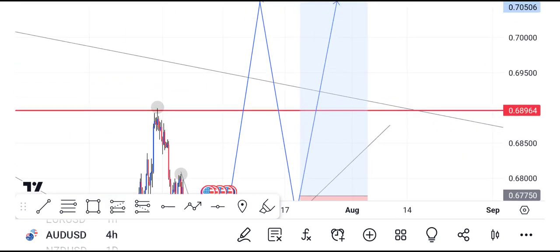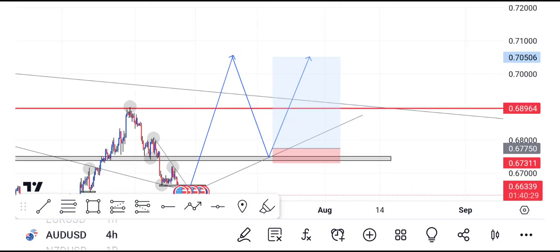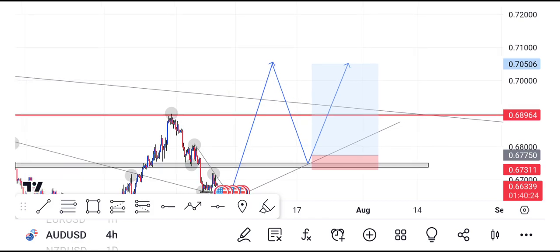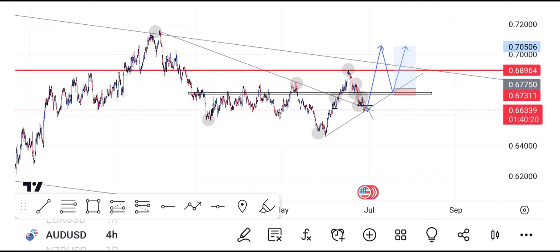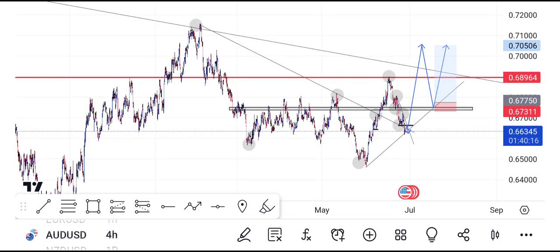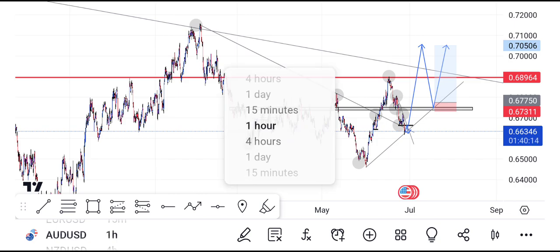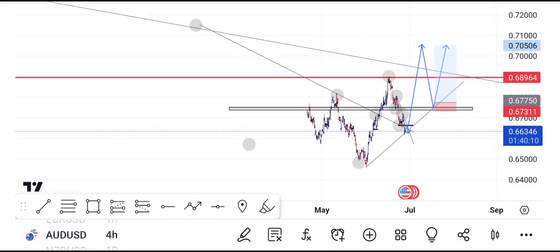And then as the trade goes by, I just move my stop loss. So this is what we will be looking for on these levels. And bear in mind guys, I haven't even entered the 1 hour and the 15-minute time frame yet.